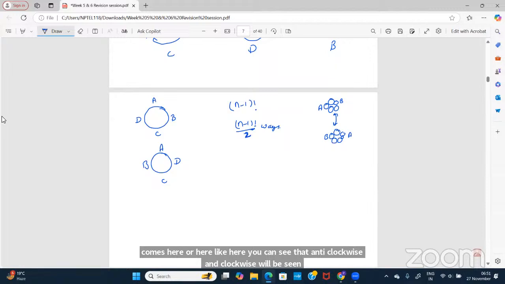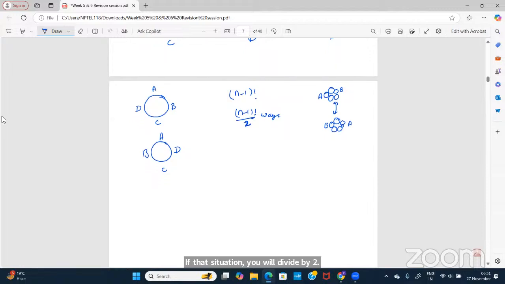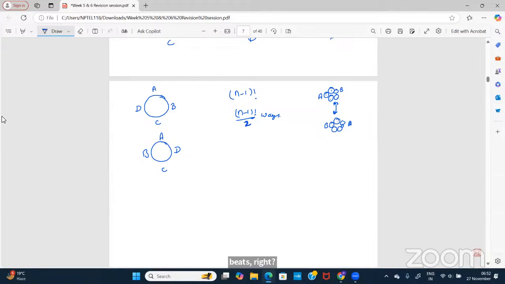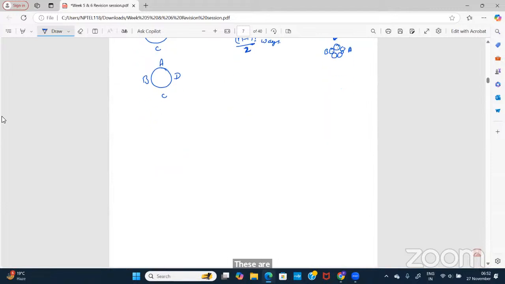Suppose this is your bracelet and you have just flipped it, so that B will come here and A will come here. But again, the bracelet or the necklace is the same, because we are not changing the arrangement of these beads. So in that condition, we have to divide by 2.